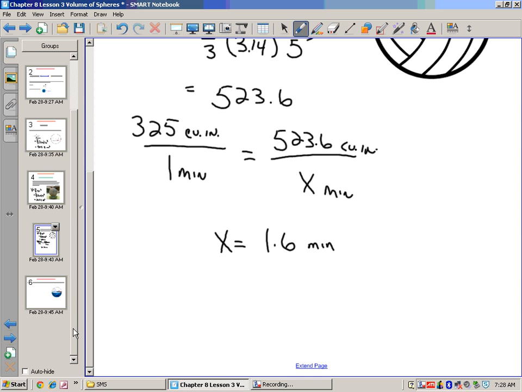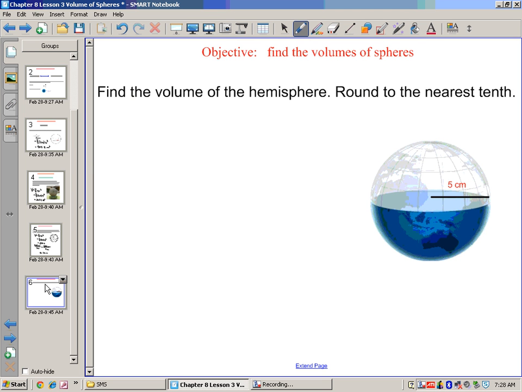Okay, I believe we do have one more slide left in this lesson. Find the volume of the hemisphere, round to the nearest tenth. Okay, once again, I have our formula of a sphere, 4/3 pi r cubed. But they're not asking us for the whole sphere, they're only asking us for half of it.